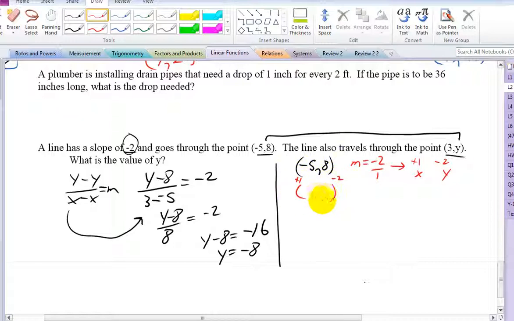What's the next point? Negative 4 and 6. Okay, so what we're going to do is try and get our x to be a 3. So keep going. Add 1 minus 2, and you get negative 3 and 4. Okay, you have to do it again. Add 1x, take away 2y, negative 2 and 2. Okay, keep going until you get x equals 3.